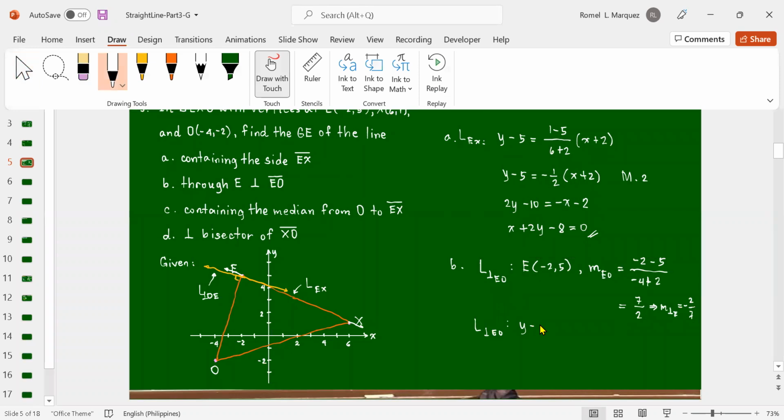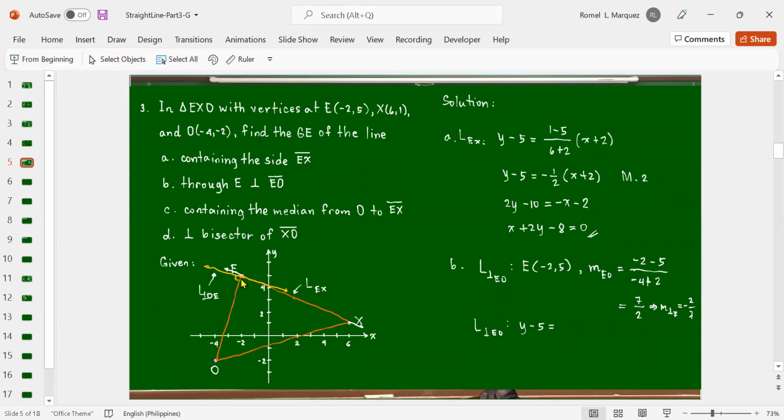So y minus 5, because it passes through point E, the slope is negative 2 over 7, then x minus negative 2. Multiply by 7, we have 7y minus 35 equals negative 2x minus 4. Finally, we have 2x plus 7y minus 31 equal to 0. Am I correct, guys? That's the equation.